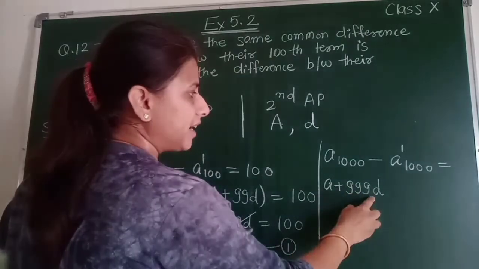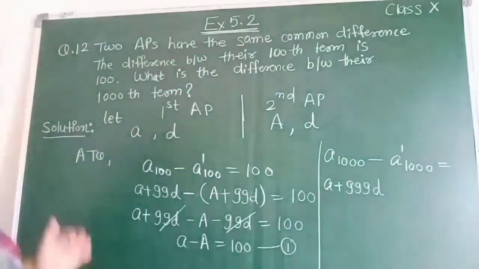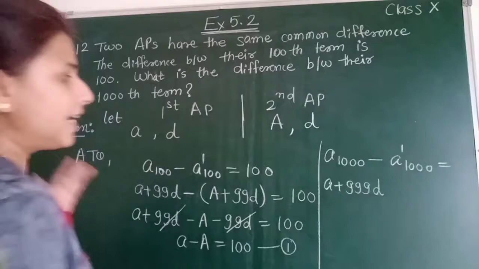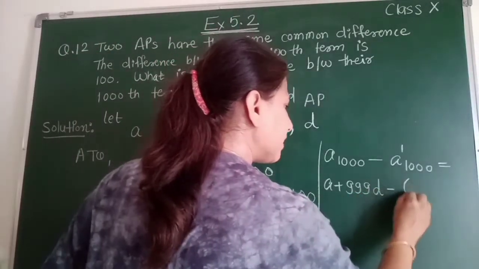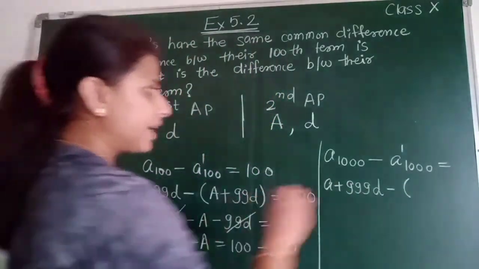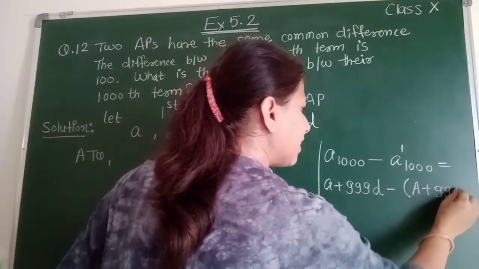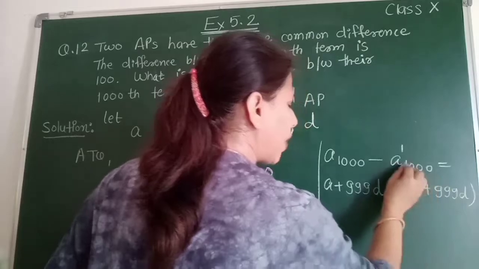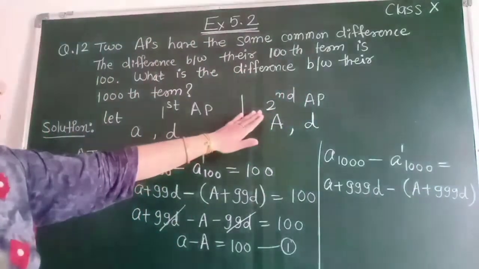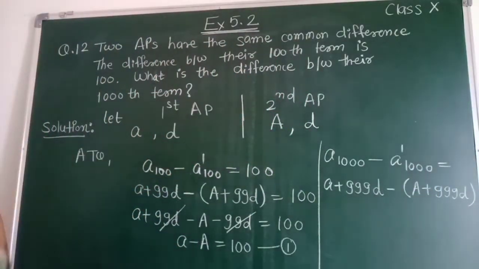Why 999? When we subtract 1 from 1000, we get 999. Minus, then apply the bracket again, and we get capital A plus 999D. And why is capital A here? Because for the second AP, your first term is capital A.